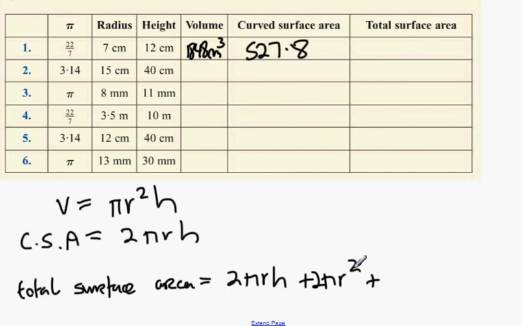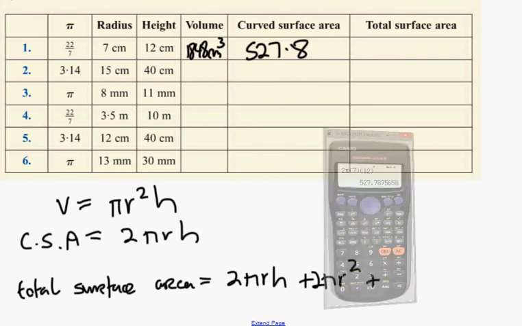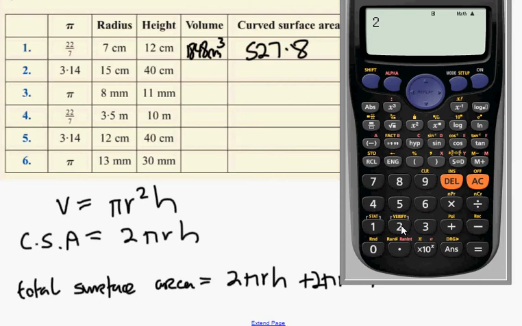And we have a formula for total surface area. We can just use our last answer and add on 2 circles, or we can just put it all in one go. It's whatever you want. So I'll put this all in one go. 2 pi multiplied by 7 multiplied by 12, and then I'm going to add on 2 pi r squared, which is 2 times pi times 7 squared.